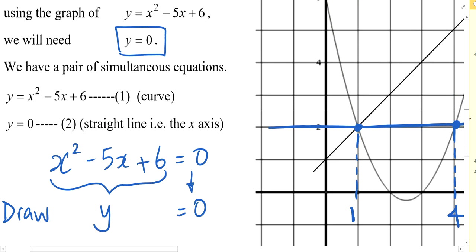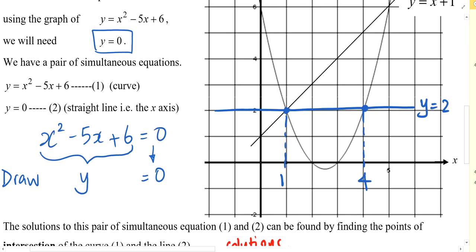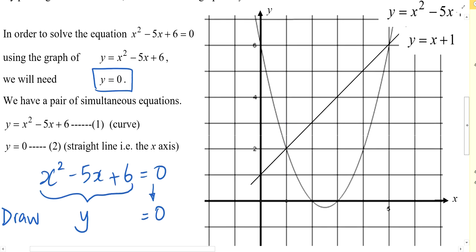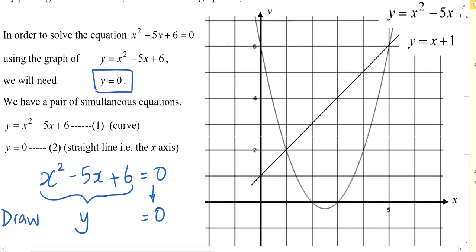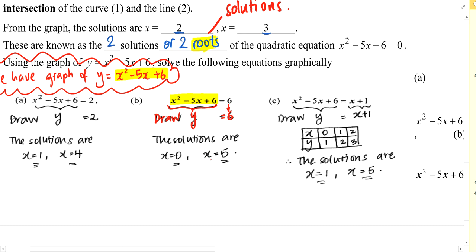Back to the graph. When y equals 6, this is what we have over here. This is a graph of y equals 6. It intersects the parabola at one point over here and another point. So this x value is 0, while the other is 5. Therefore, the two solutions are 0 and 5.